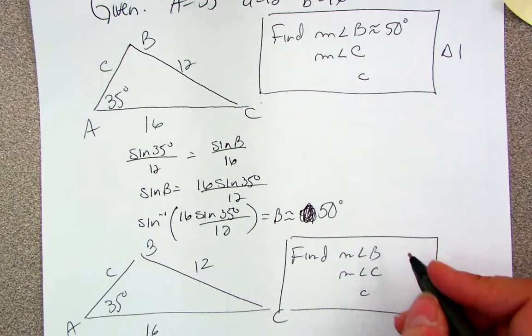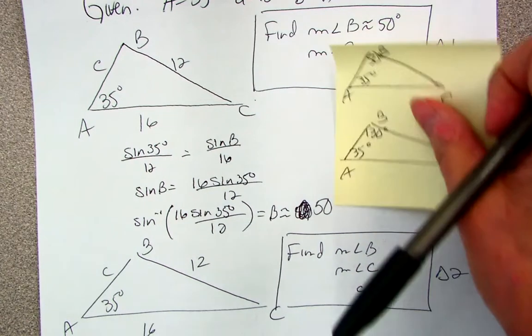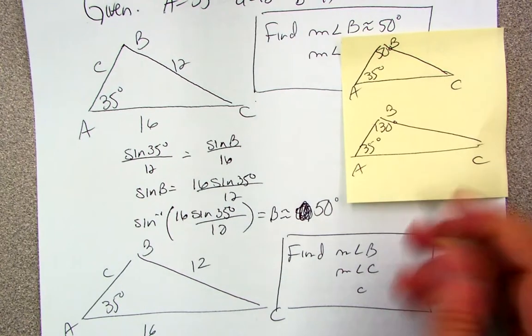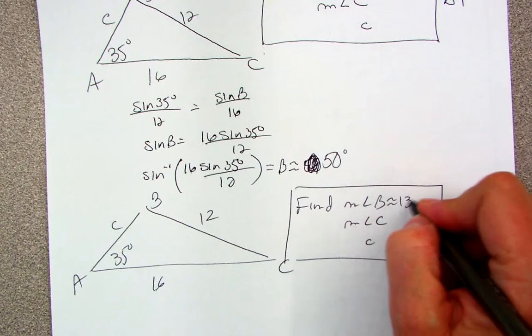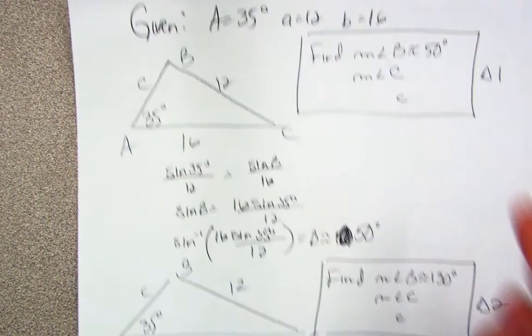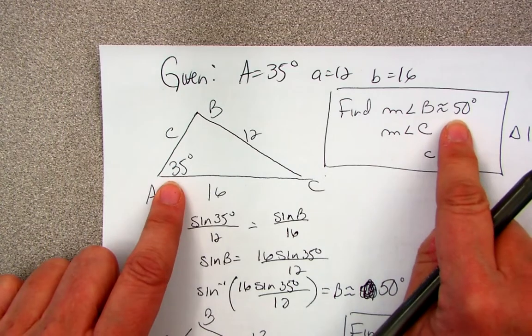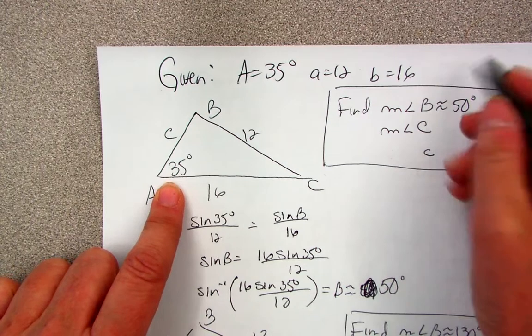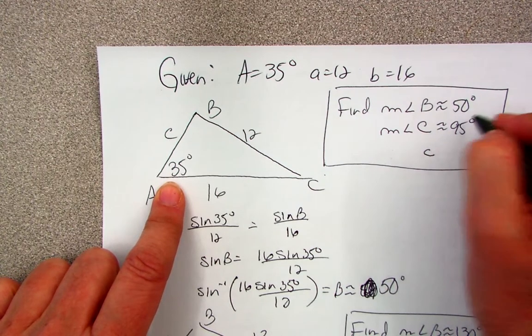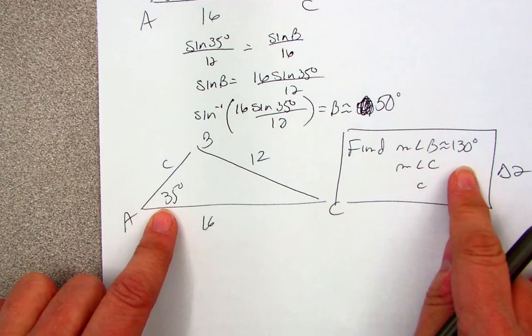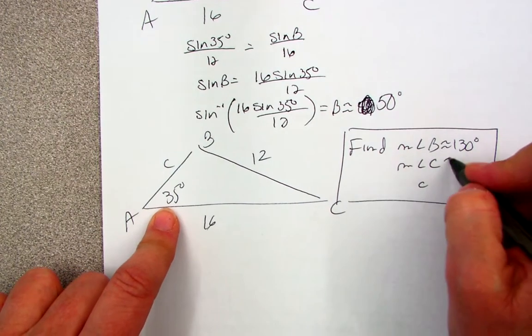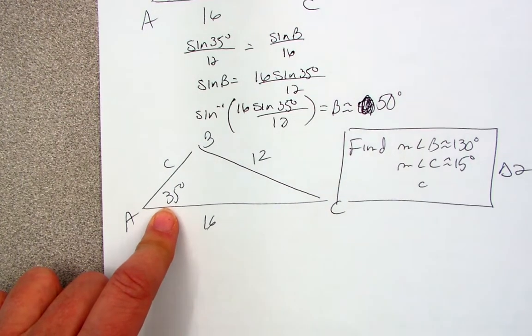Oh, wait, and what was that one? Let's just find it right now. If this one is 50, then this one here could be 130. So 50 and 35 is 85 from 180, so it's approximately 95 for C. And for this one here, 130 and 35 is 165, so this one here is approximately 15.